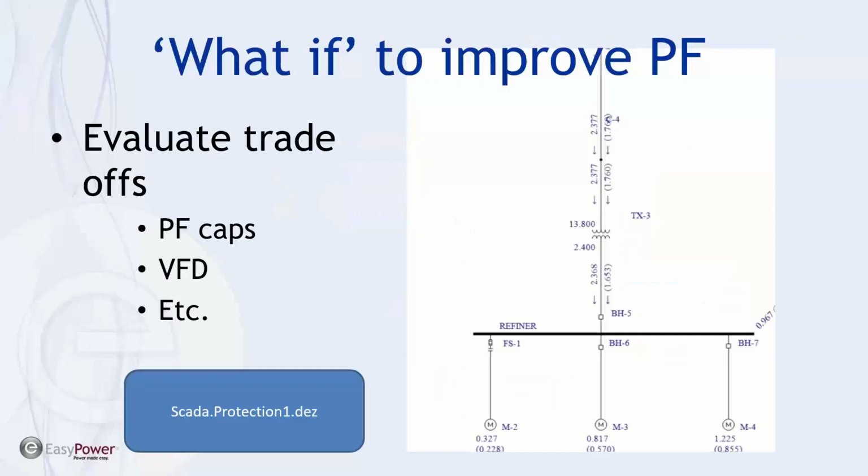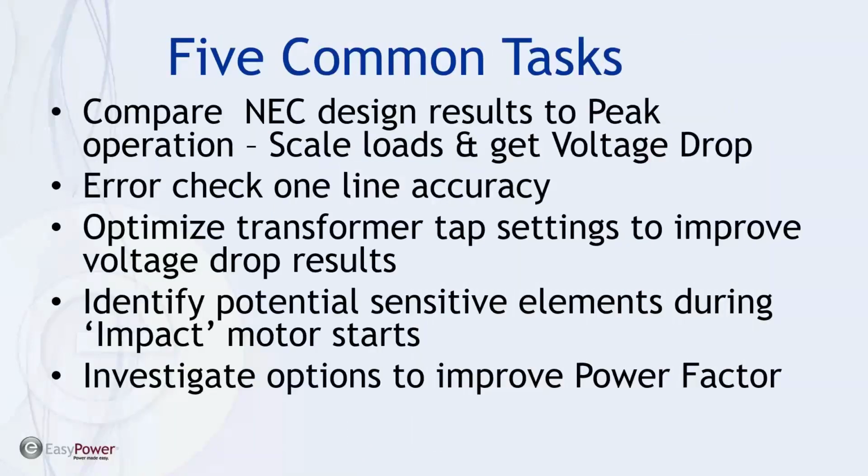Okay, so what have we done? We basically showed multiple ways to do scaling the loads, which will improve the accuracy of our power flow calculations. We can do an error check on the accuracy of the one line itself without even doing a full power flow study.